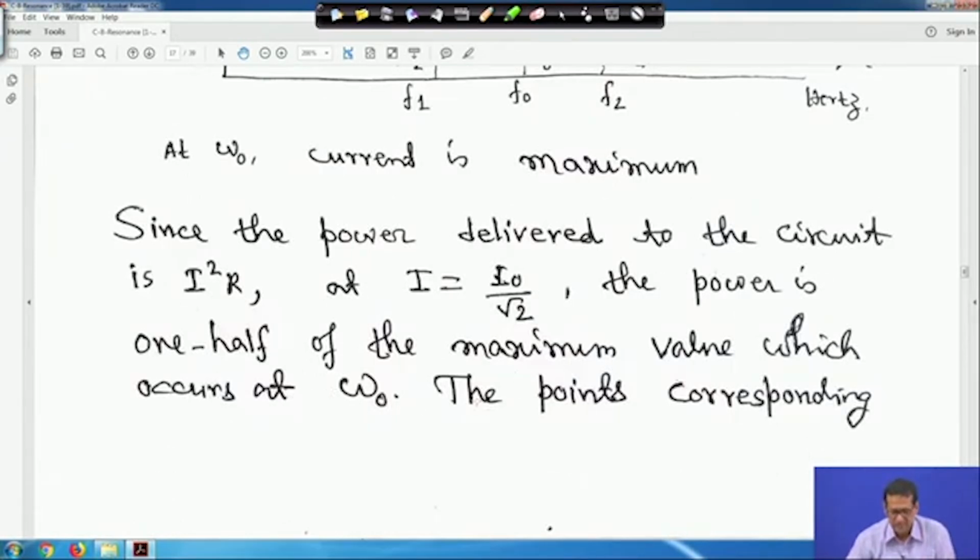When I is equal to I 0 by root 2, the power will be I 0 square R by 2, that is, half of P. So, this is I 0 and this is I 0 by root 2. The power delivered to the circuit is 1/2 of the maximum value which occurs at omega 0. At resonance the power is I 0 square R, but at I 0 by root 2 it will be half.